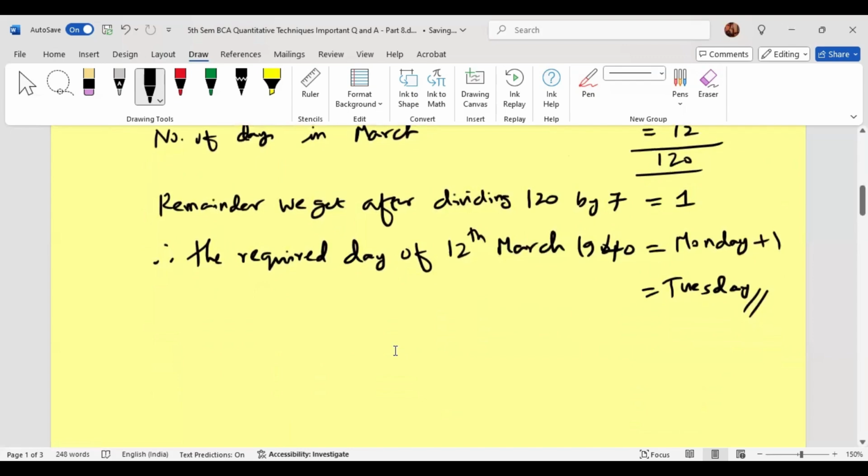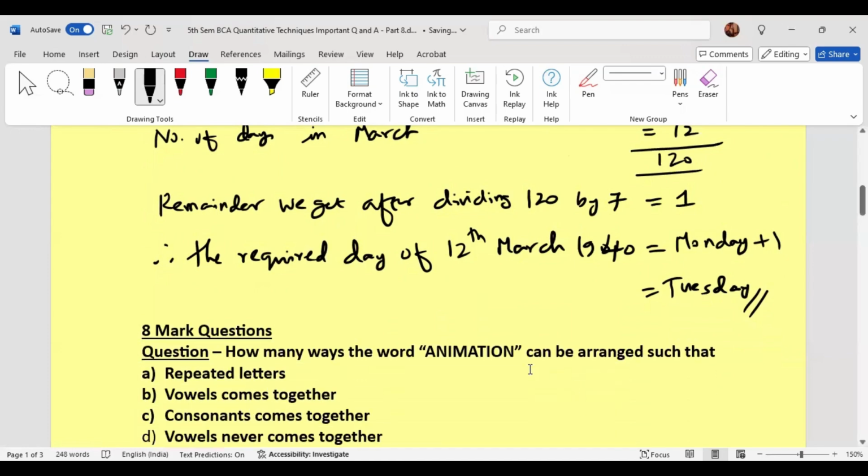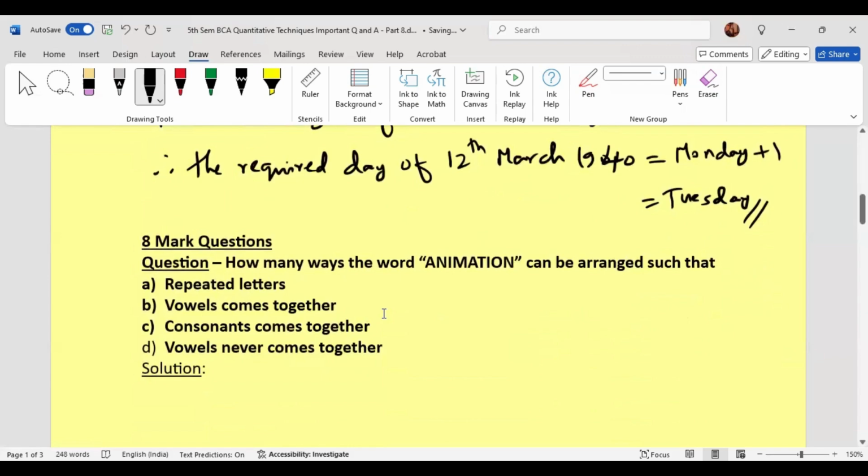Let us move on to the next question. It is an 8-mark question. How many ways can the word animation be arranged such that A, repeated letters, B, vowels come together, part C, consonants come together, part D, vowels never come together.